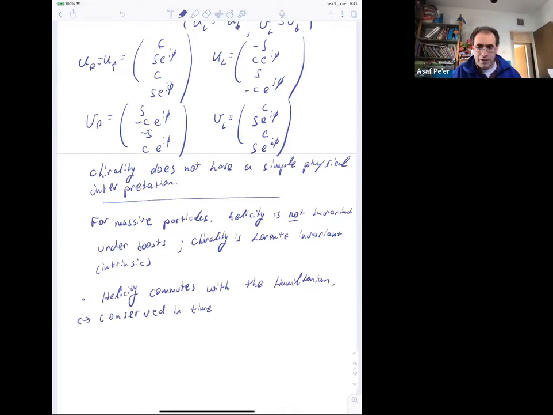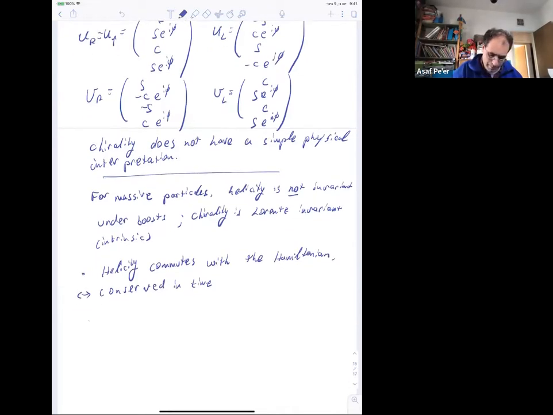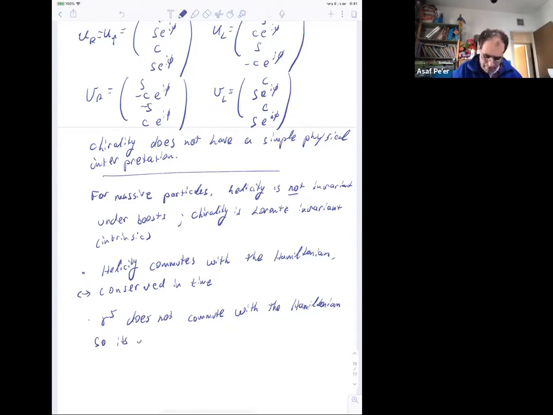But the gamma 5 matrix does not commute with the Hamiltonian, so the eigenstates are not conserved in time.